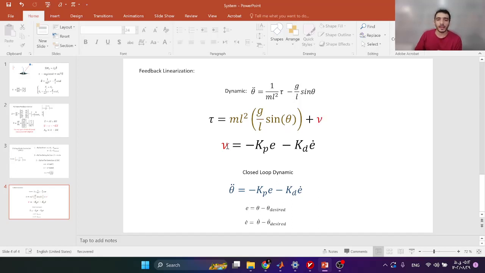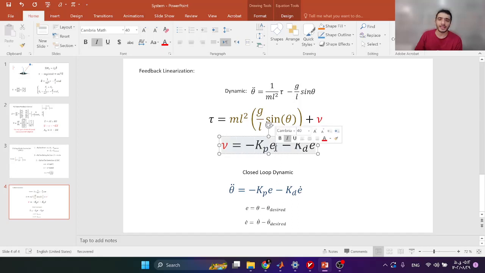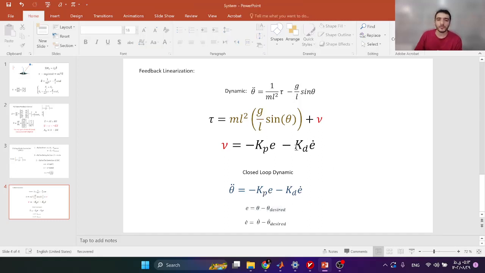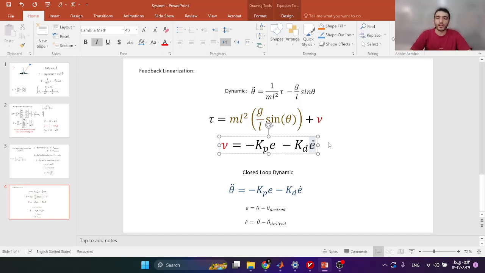So we can consider nu as a simple PD controller, like here, as I write here, negative kp times e, that e is the error of the system defined like theta minus theta desired, and minus kd times e dot, that is the derivative of the error.